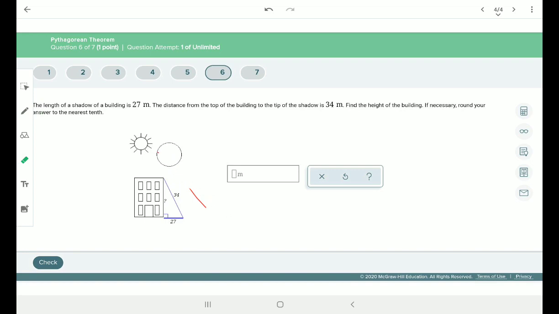Okay? So, using the Pythagorean theorem, a squared plus b squared equals c squared, I know that the legs of my right triangle are going to be these 2 legs that make up the right angle.